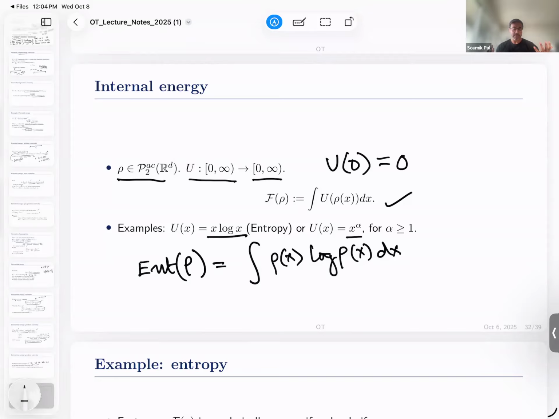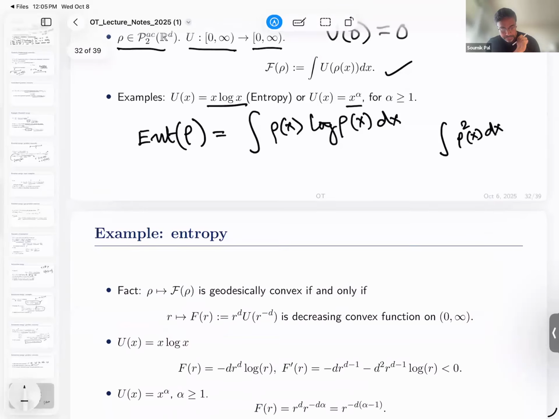For example, take alpha to be 2, and you can consider the integral of rho square of x dx. So that's a second moment of the density. And that's a perfectly valid function of a probability measure. And we can ask, when is this function geodesically convex? Cool. Okay.